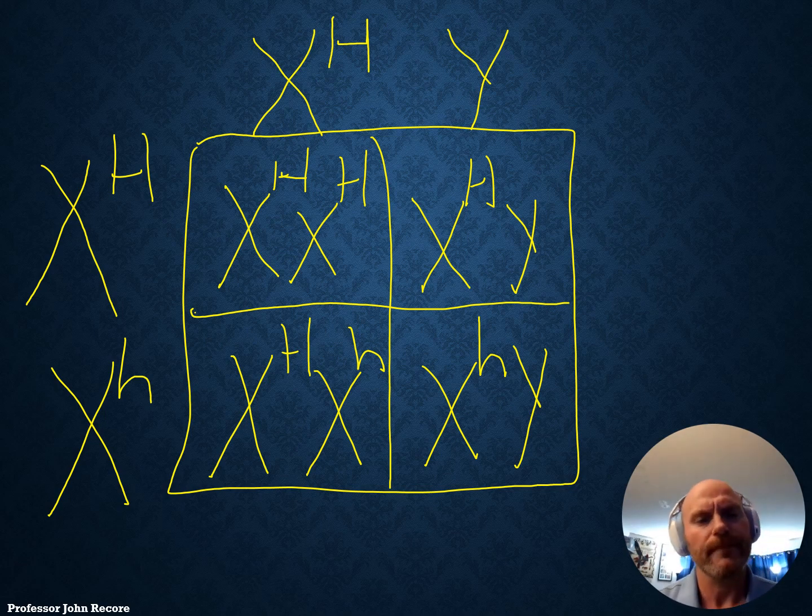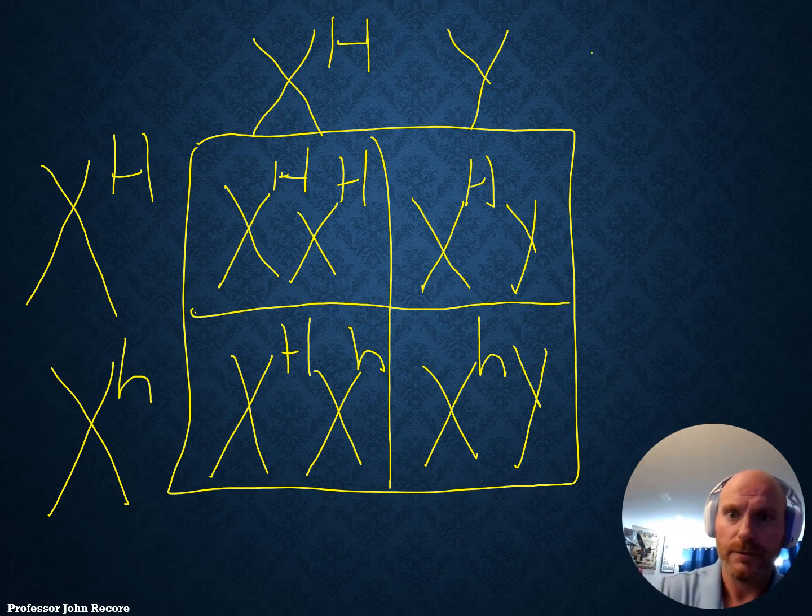So if we don't consider carrier status, and we just consider genotype ratio for right now, then what we see is that we've got a different genotype for each portion on our Punnett square. And so for our genotype ratio, we would be talking about 1 to 1 to 1 to 1.